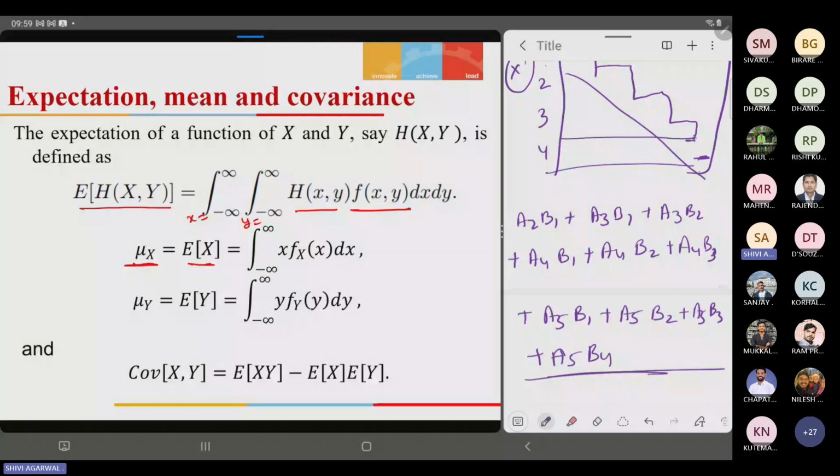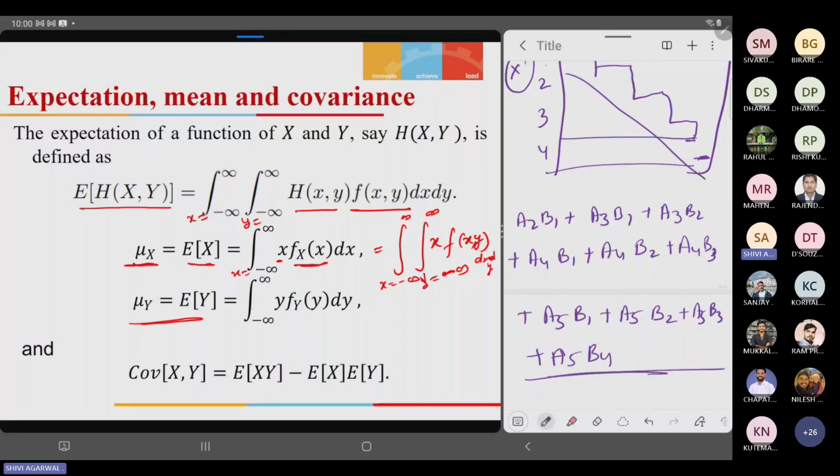So we are taking here x from minus infinity to infinity, x times the marginal density function for x. That we can also do here: integration for x from minus infinity to infinity, y from minus infinity to infinity, x times the joint density function with dx dy.